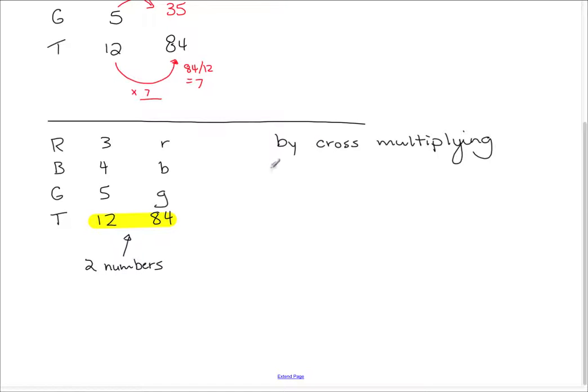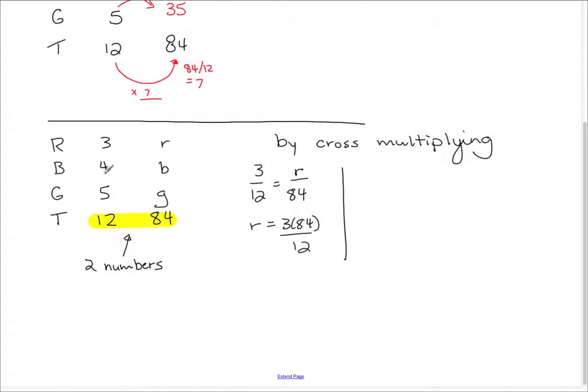So here's how I'm going to set them up. And I'm not going to solve them because we're going to save a little bit of time here. But I'm going to start by doing the first one with the numbers. So 3 over 12 equals R over 84. Now that you have that, you can just cross multiply and you know that R is 3 times 84 divided by 12.